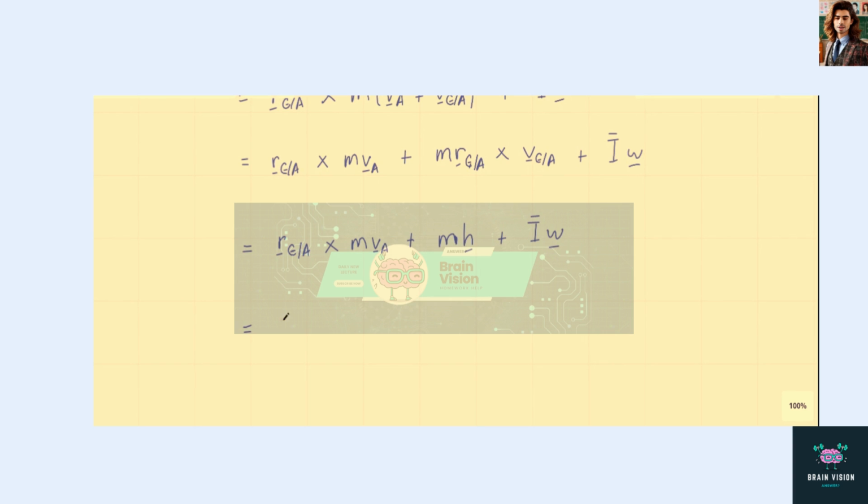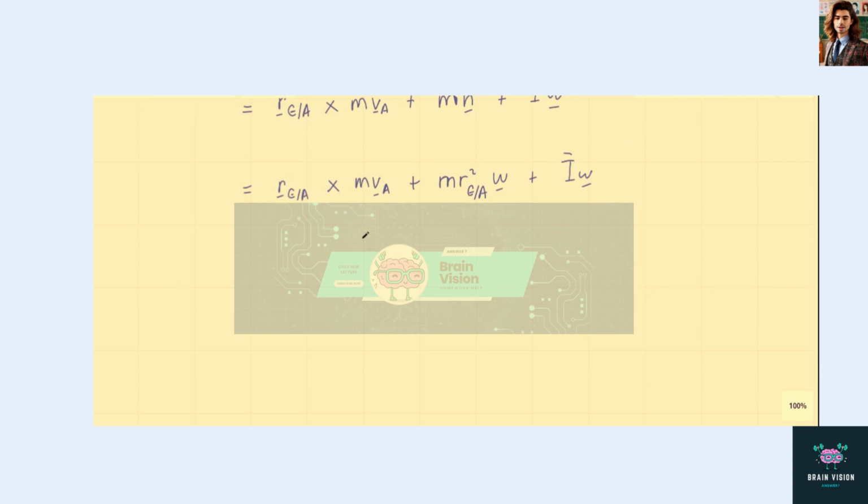So this is equal to r_GA cross with m V_A, that term stays the same, plus m r squared of G relative to A times vector omega plus I bar omega.